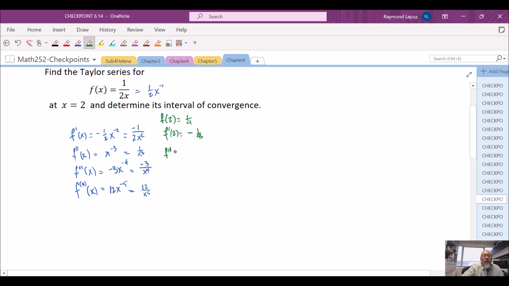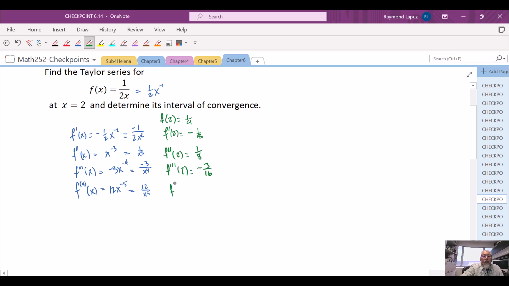Next one, the second derivative evaluated at 2. 2 times 2 times 2 is 8. This time it's positive 1/8. The third derivative evaluated at 2. So we have 2 times 2, that's 4 times 2 is 8, times 2 is 16, negative 3 over 16.